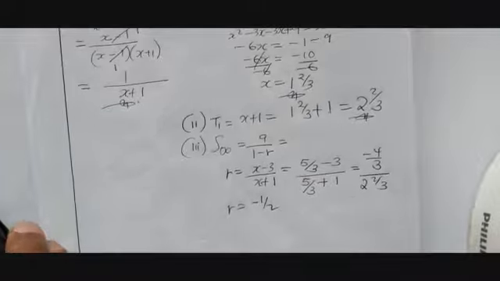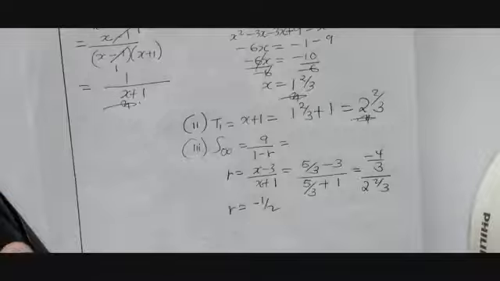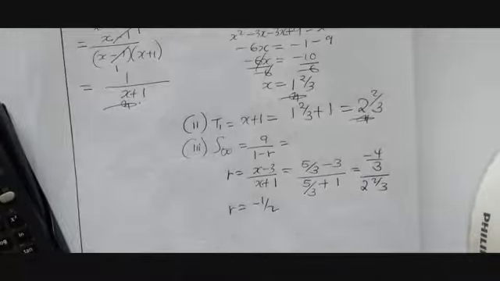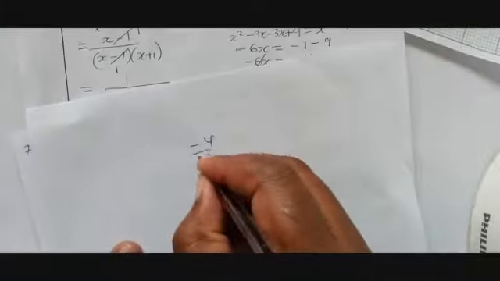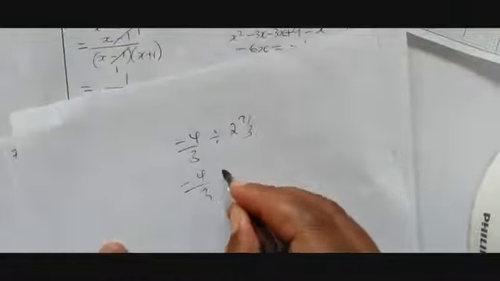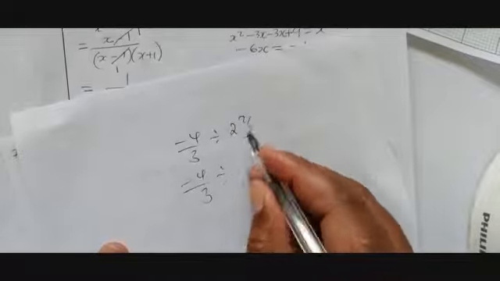Another way of doing that one is where you say -4 over 3 divided by 2 over 3. So -4 over 3 divided by 2 over 3 is 6 plus 2, 8 over 3.